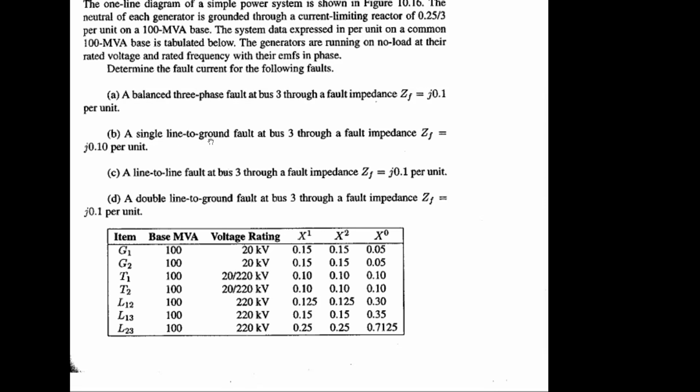Then you have to find the single line to ground fault at bus 3. Regarding that, bus location is important. Which bus do you want to find the fault at? Then double line fault at bus 3 as well as double line to ground fault. That means you have 4 different scenarios to address the fault current. And for that, you have a fault impedance of 0.1. Okay. So have you got the problem and what you have to determine?